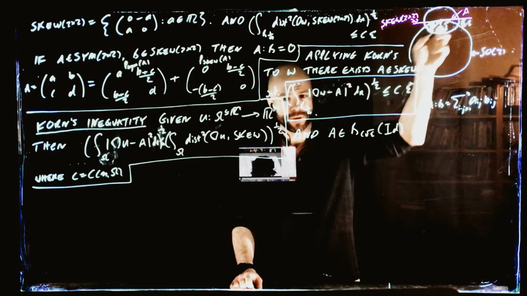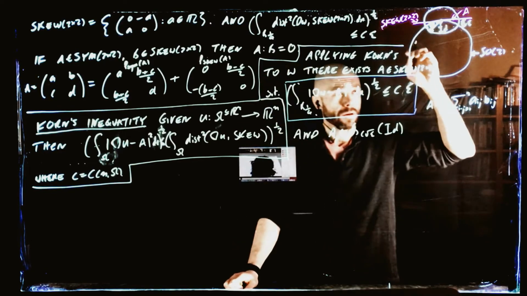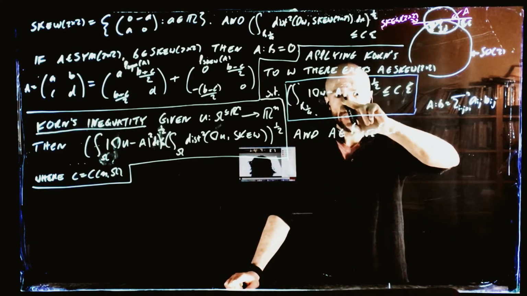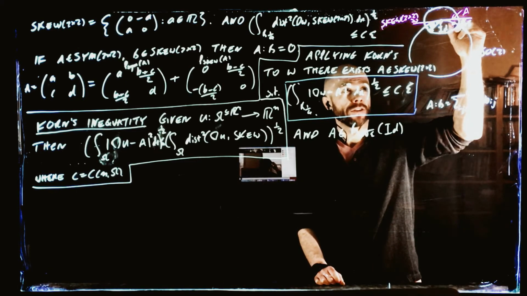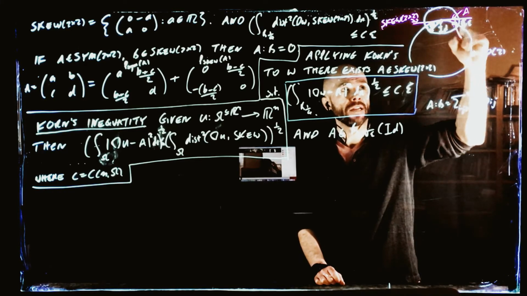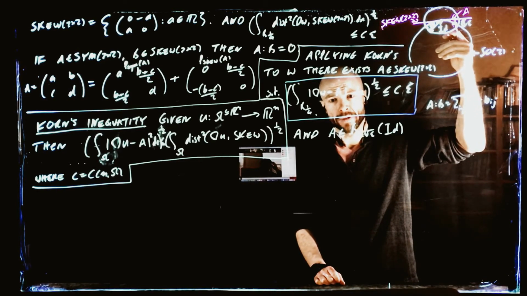And it follows from this picture. So look at this picture. What rotation do we want to replace A by and still have this inequality be true? If we just took the closest rotation to this guy, to the skew-symmetric matrix, then that distance will be less than epsilon, again, by the same reasoning. Yeah?